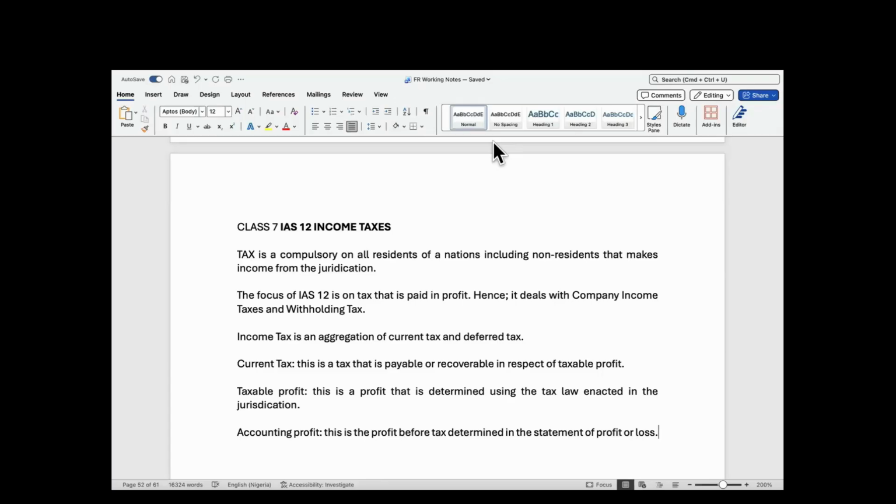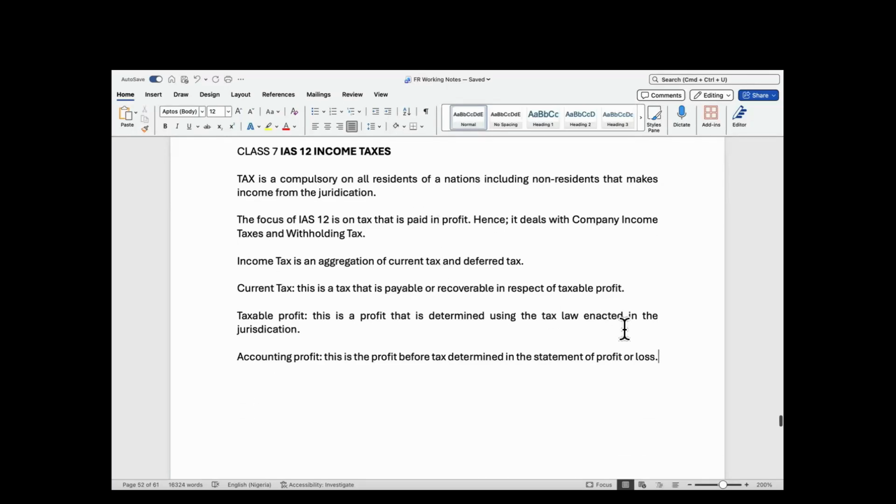It is on that you pay tax. And I know that those of you doing tax and advanced tax, Mr. Chris has already taught you or is teaching you adjusted profits. Also, I know that Mr. Idris is also taking you through adjusted profit. So you already know to a large extent how to determine taxable profits.